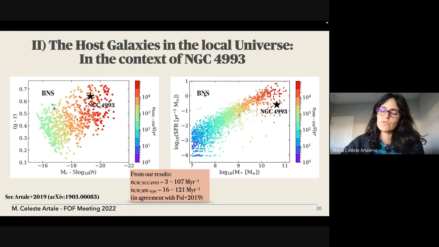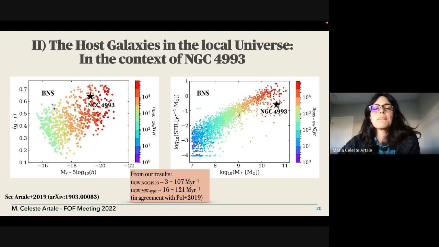This is for binary neutron stars, and the star represents the stellar mass and the star formation rate of NGC 4993. As you can see, the properties of this first host galaxy are those of a place with the highest merger rate per galaxy, indicating again that it's not really an outlier. It's not really a special case. It's where we expect to have the most likely host galaxies.